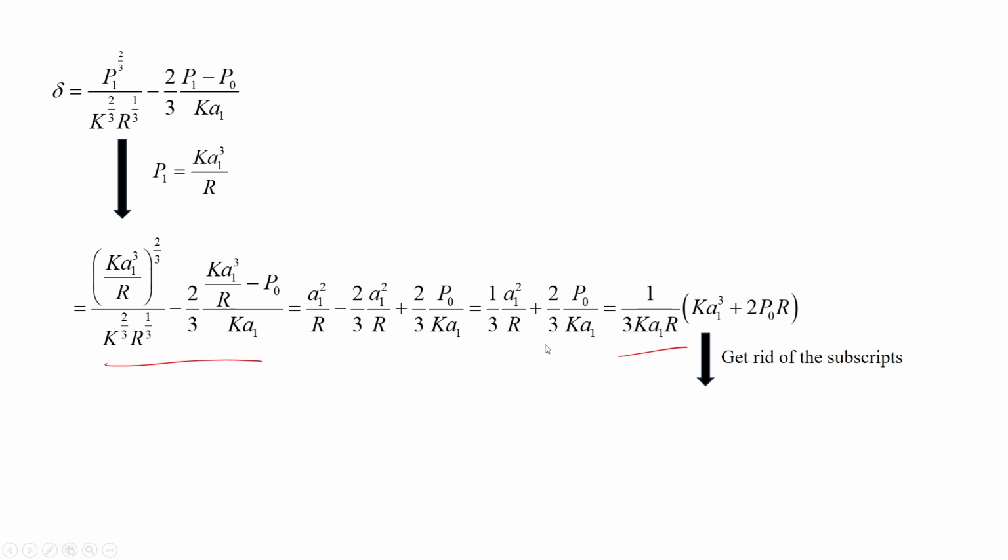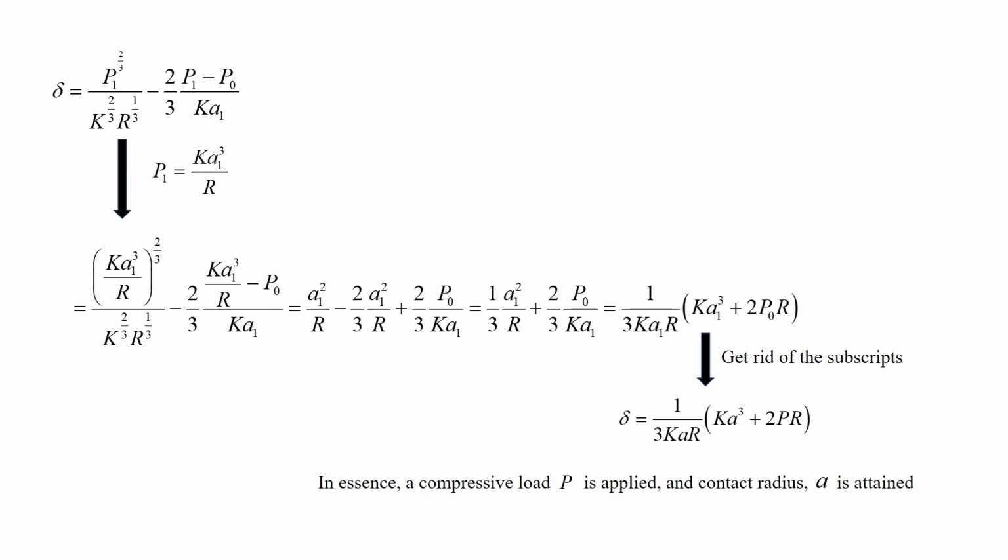We have already gotten something like that. Now we can get rid of the subscripts over here. So I get 1 by 3 Ka into Ka cube plus 2 PR, like that. It is the P amount of load that is being applied. The subscript was important because we were considering that adhesion is there, so that is why the subscript is no longer important. So this is the contact radius A that is attained when the load P is applied.